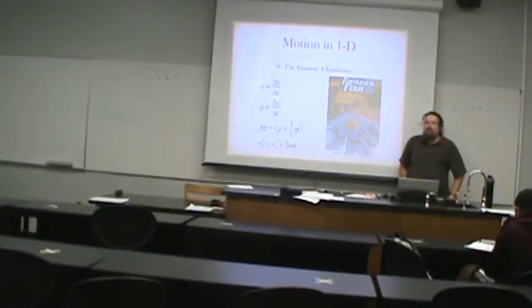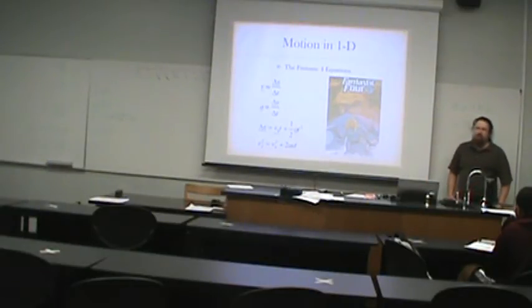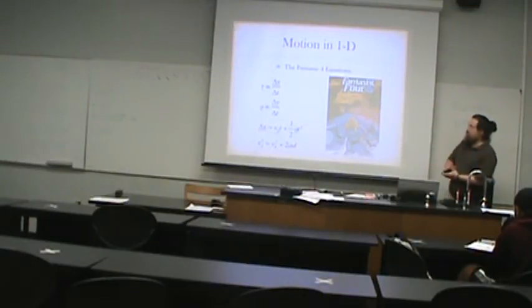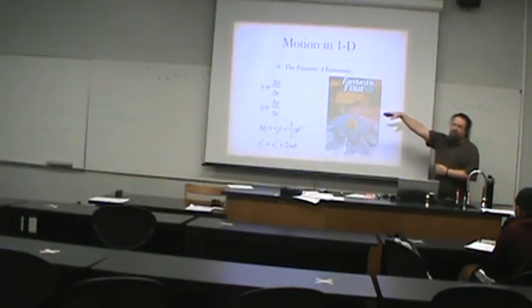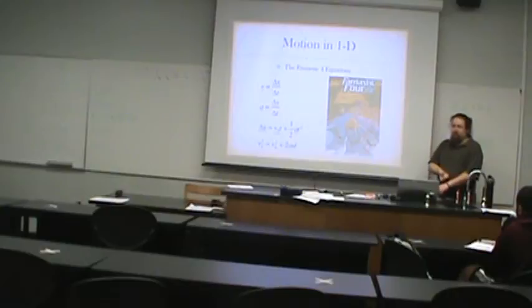I might occasionally call it V-naught, that's N-A-U-G-H-T, because one of my professors is South African, and naught is just a common term there for 0 or nil. So the 0 here means it's just the initial velocity. I've got it written over there as VI. It'll mean the same thing, and I'm just going to swap back and forth between the 2. Please call me on that if that is ever confusing.